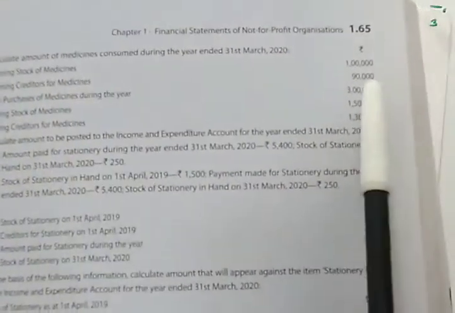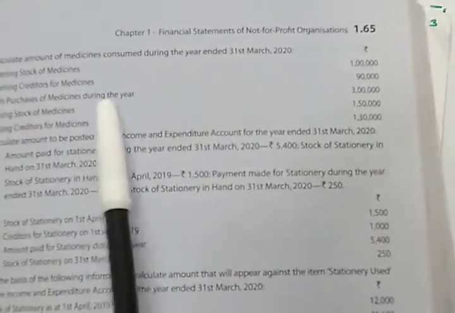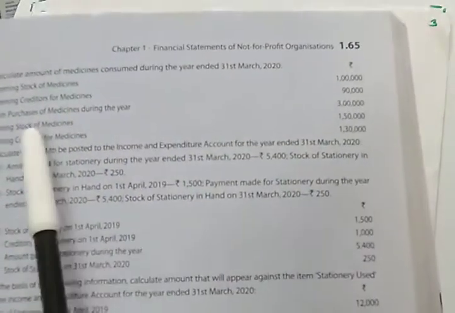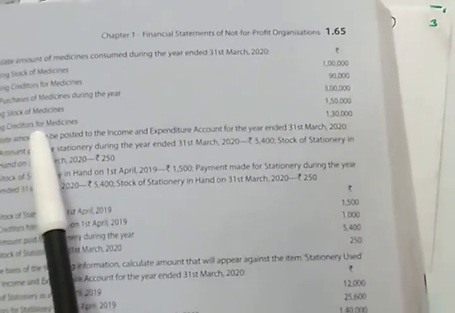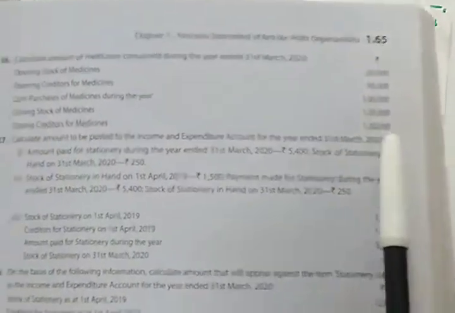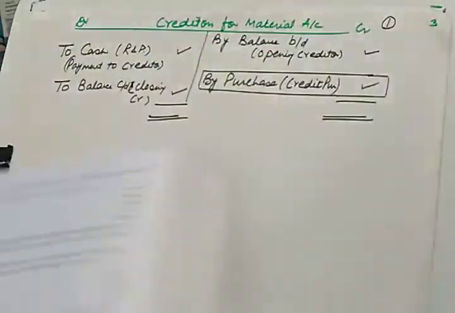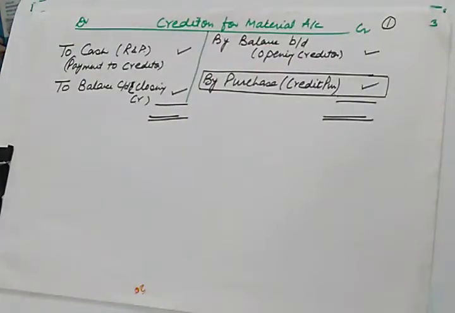Opening creditors for medicine 90,000. Cash purchases of medicine during the year is 3 lakhs. Closing stock of medicine is 1,50,000. And closing creditors of medicines are 1,30,000. So you can choose, it is up to you. For doing this numerical, you can choose any of the methods. So I am choosing that student-friendly method first, and then we'll be going for preparation of ledger.